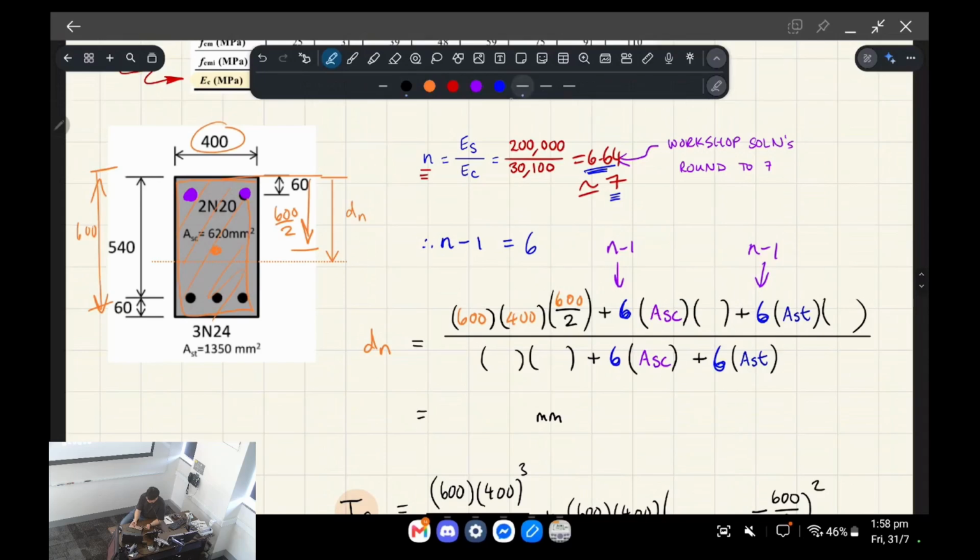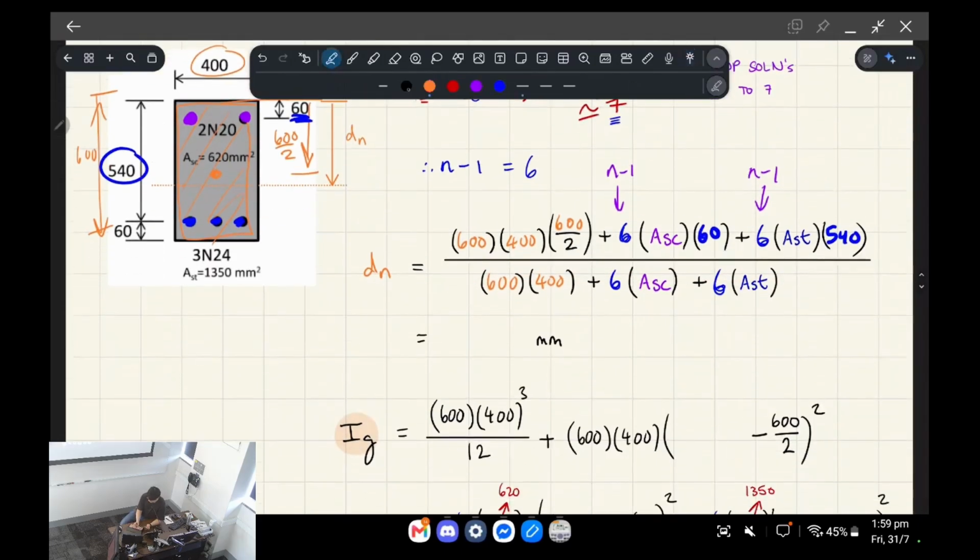And then we multiply it by the depth, which is 60. And then we're also dealing with the tensile steel, and that is 540, okay? And then on the bottom of the fraction, it's all the area terms added together. So it's the sum of the areas of the different shapes. This gives us a depth to the neutral axis of 304.2.